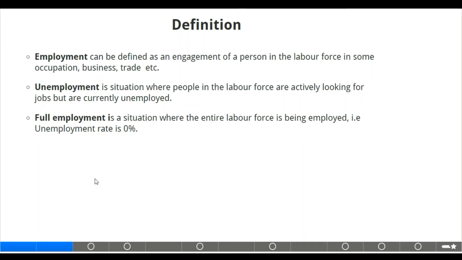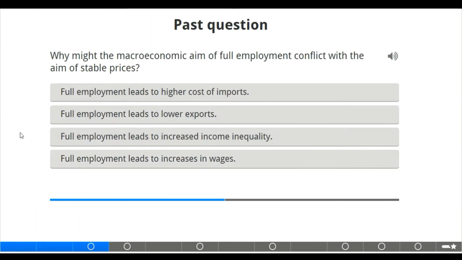Unemployment can be defined as the situation where people in the labor force are actively looking for a job but are currently unemployed, that is, they could not find work. And we have full employment, that is a situation where the entire labor force is employed, that is, the unemployment rate will be zero. Let us move to our next slide.